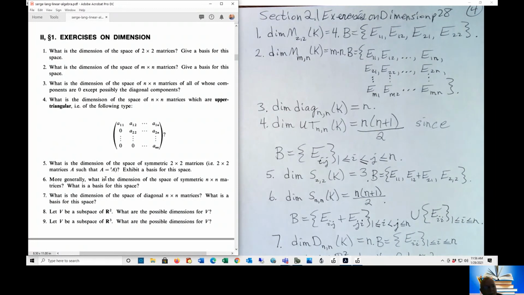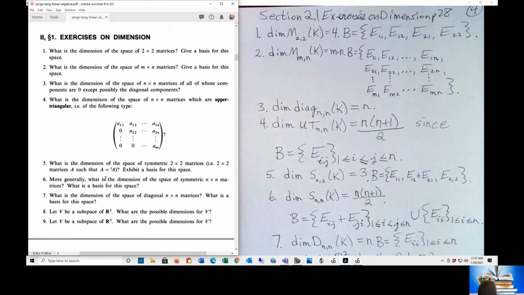All right, look at number 3. What is the dimension of the space of square matrices all of whose components are 0 except possibly diagonal components? That is, diagonal matrices is what's under consideration. And it's very clear that the dimension of the square diagonal matrices is simply n. Why?